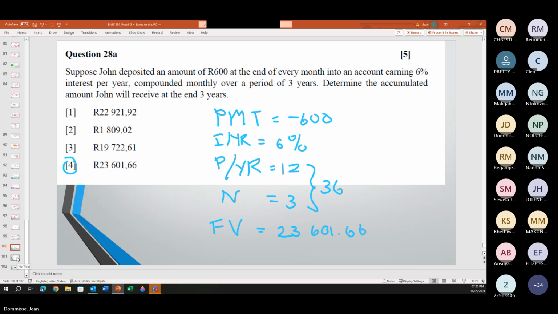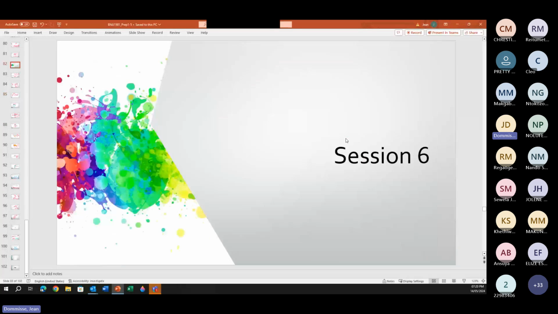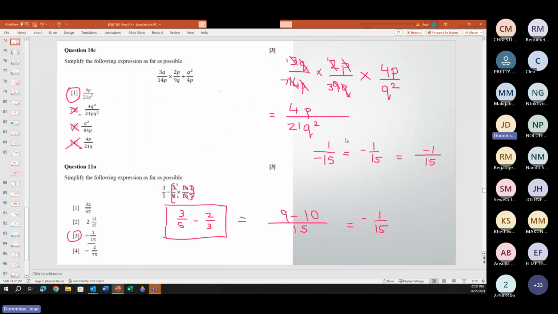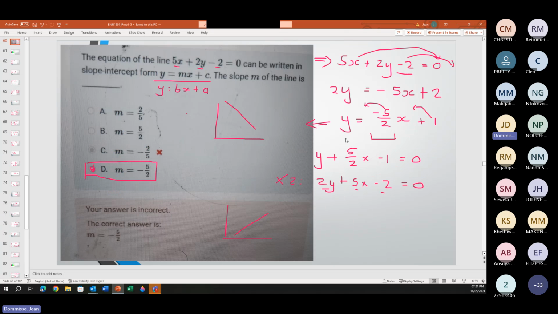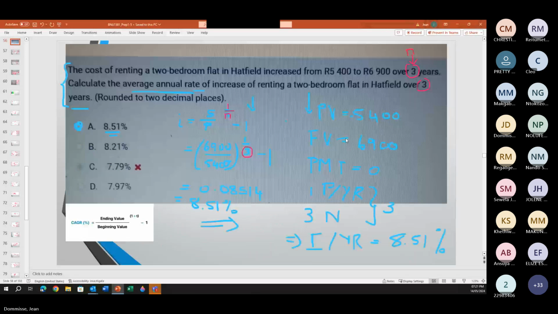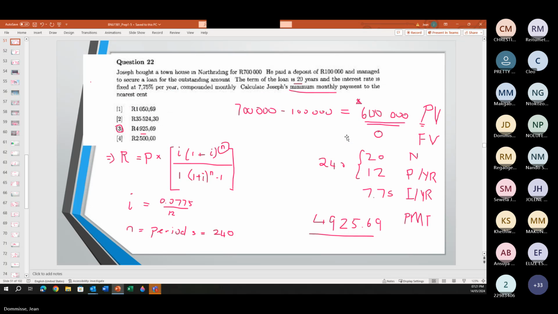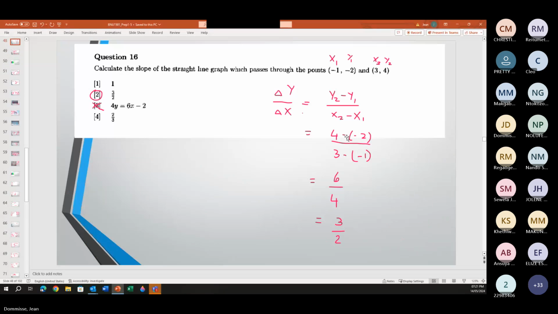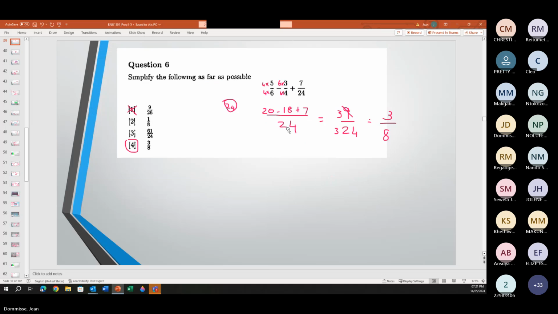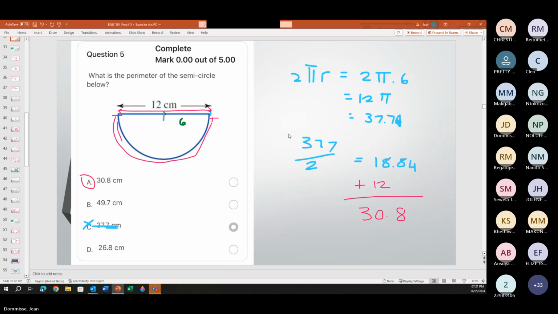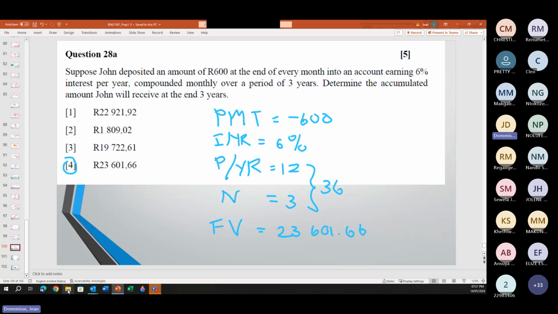Let's quickly check where I think it was also in the previous one. I can't remember off the top of my head what the formula is. I know we've done something like this in one of the previous sessions as well. Okay, let me quickly open the formula sheet. That is going to be much easier.